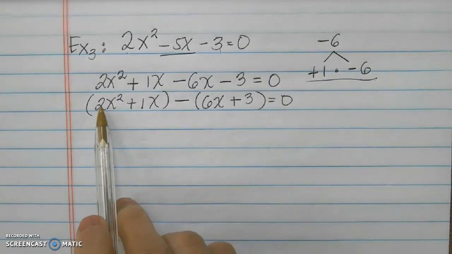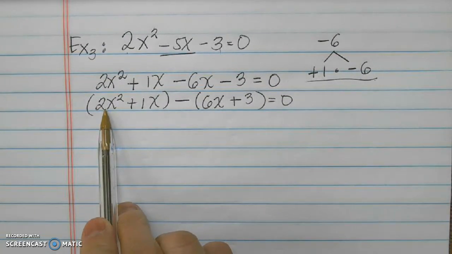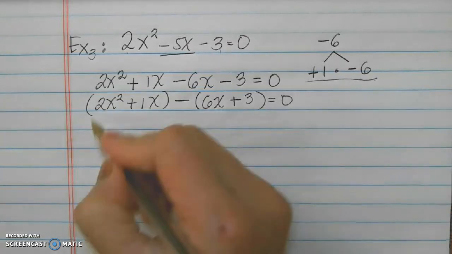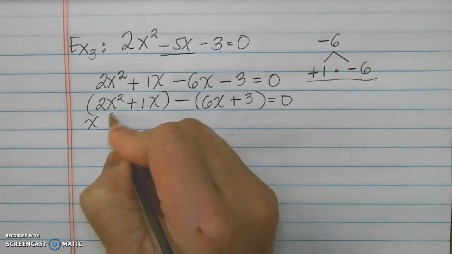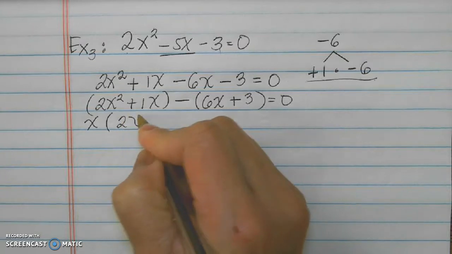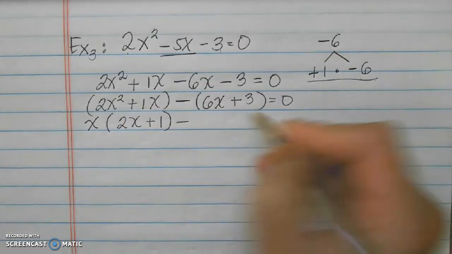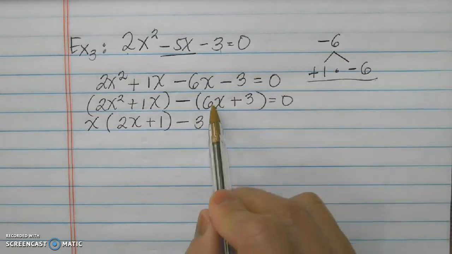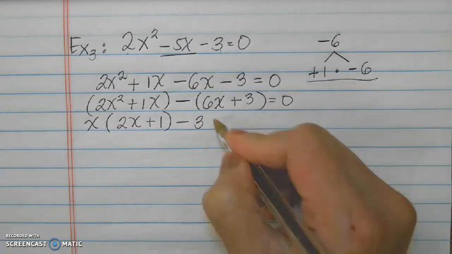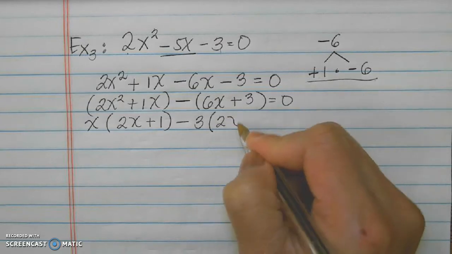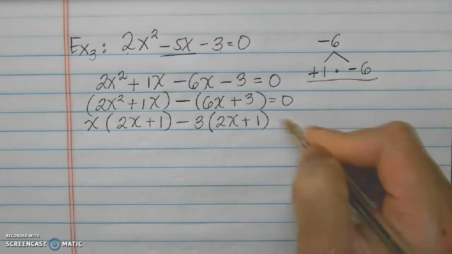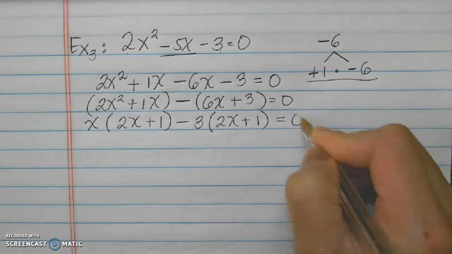So now get the greatest common factor of 2x squared and 1x, which is an x. So that will be a 2x inside plus a 1. And then negative 3 is the greatest common factor between 6x and positive 3. So this is going to be 2x plus 1. And that will be equal to 0.